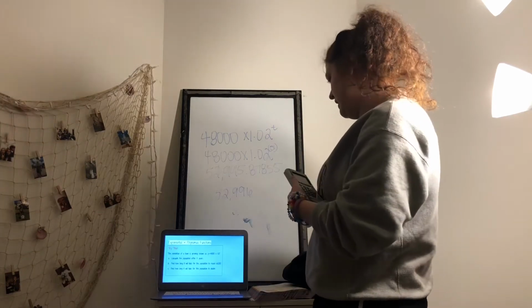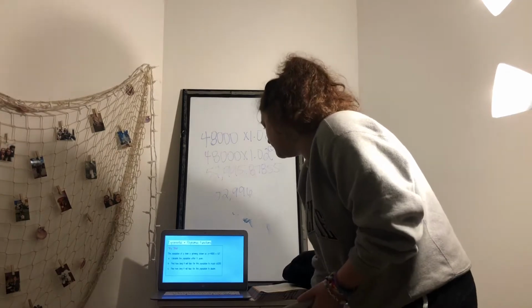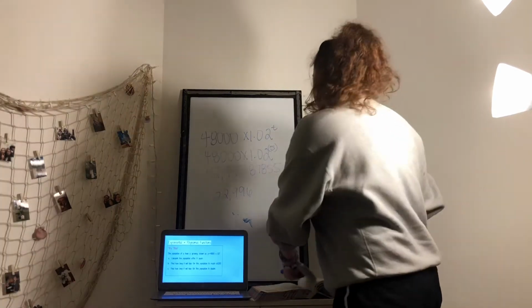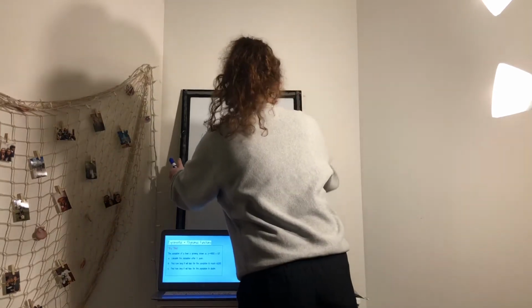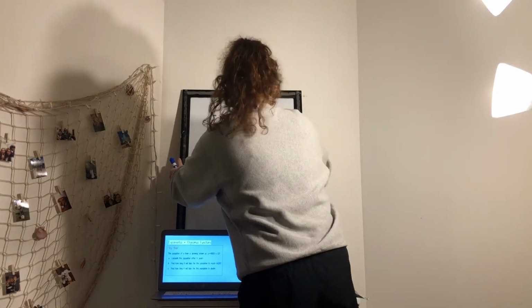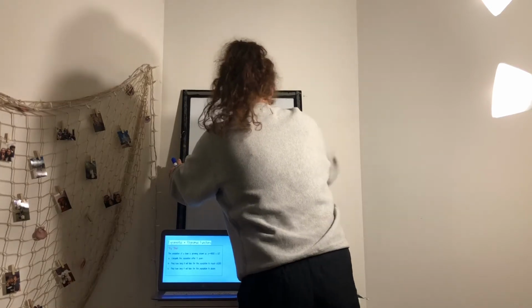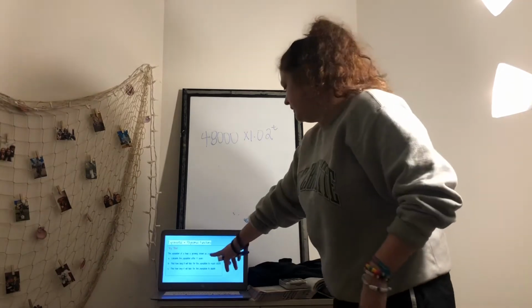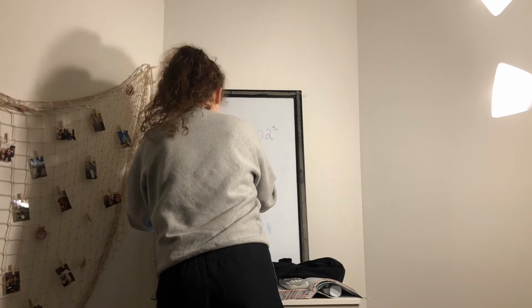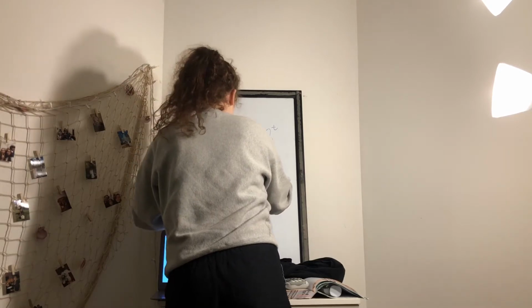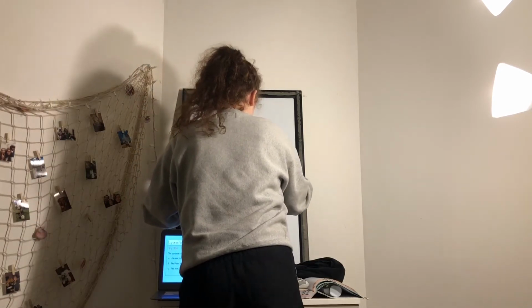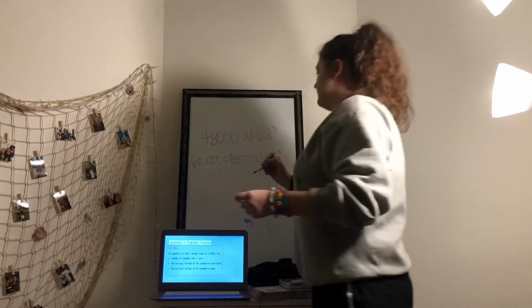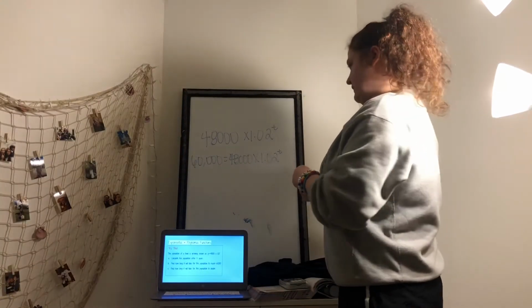And then in the second part, it says find how long it will take for the population to reach 60,000. So in this case, 60,000 is our final population, so that would be P. It'd be written like that, and in this case we have to find what T is.